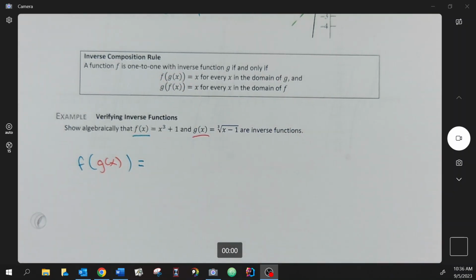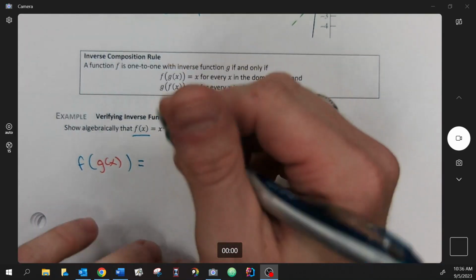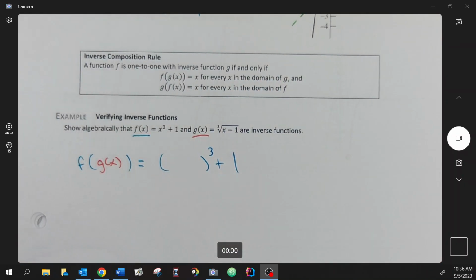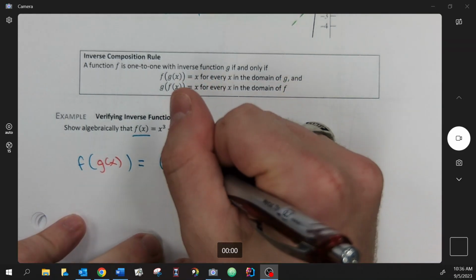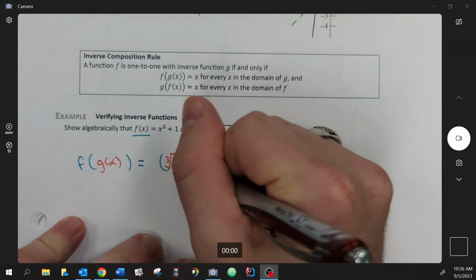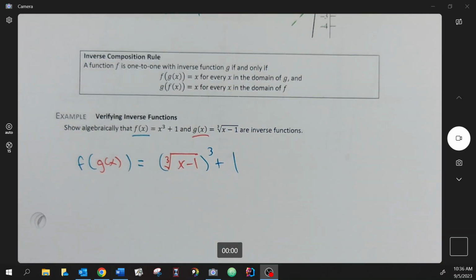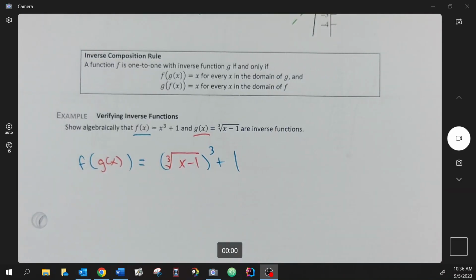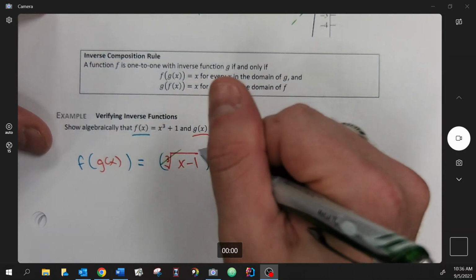So that means I'm going to take my function f, which will be my blue function, and everywhere there was an x, I'm going to have a set of parentheses filled with red g of x. There was an x here, and I fill it with red g of x, cube root of x minus 1. And just like you saw me do here, cube roots and cubes, third roots and third powers, cancel each other.